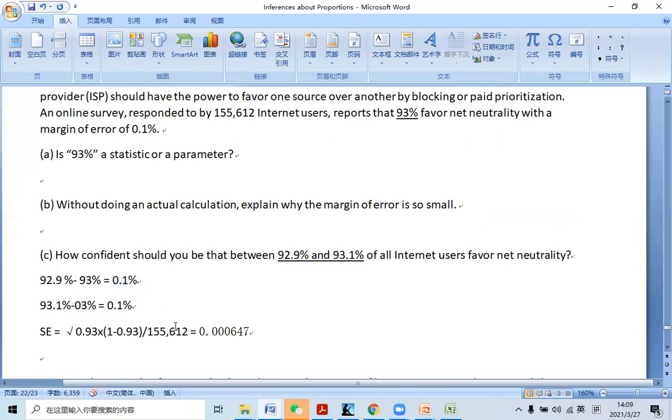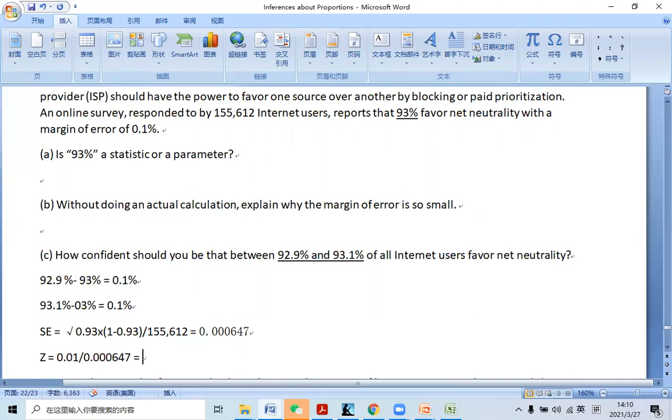Basically, the critical z-score will be 0.1%, which is 0.001, divided by 0.00065.